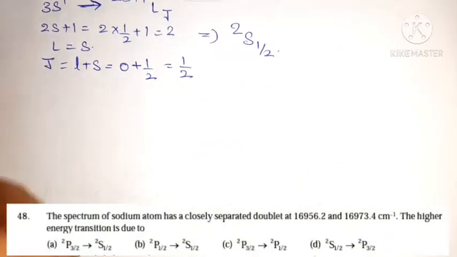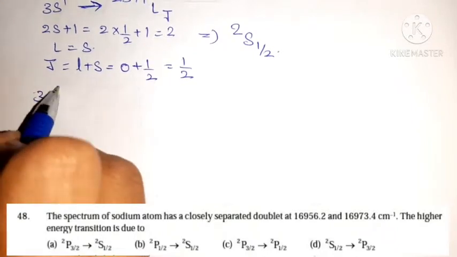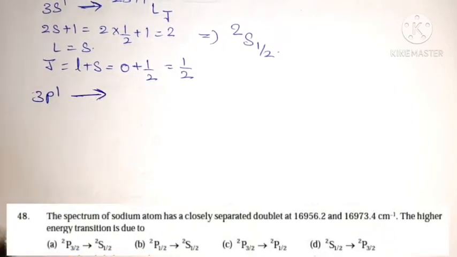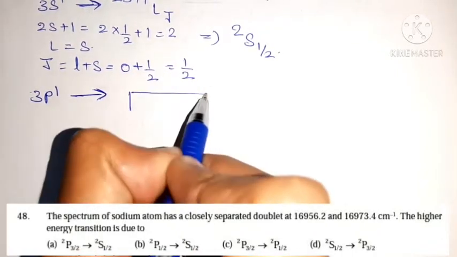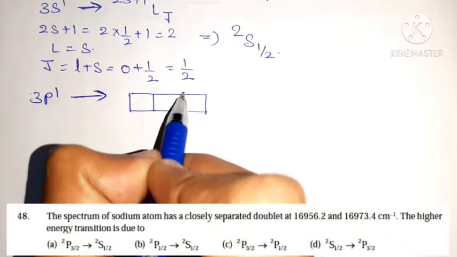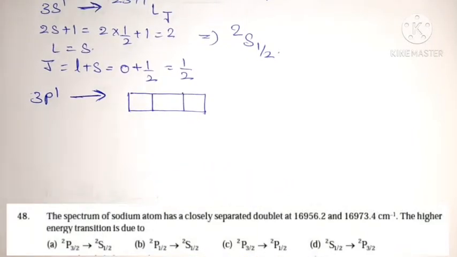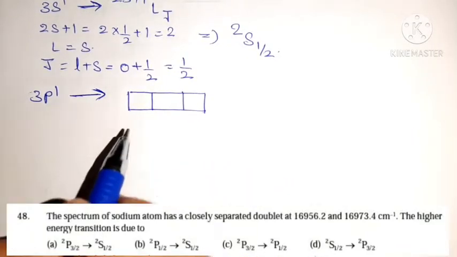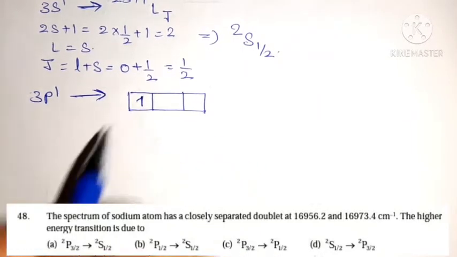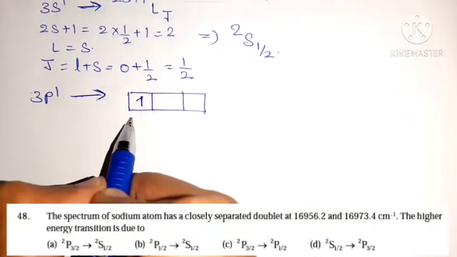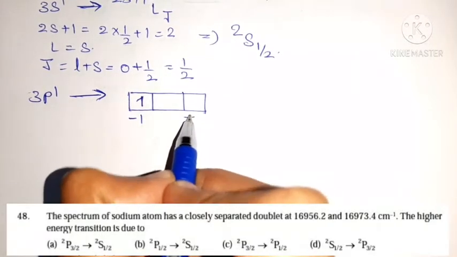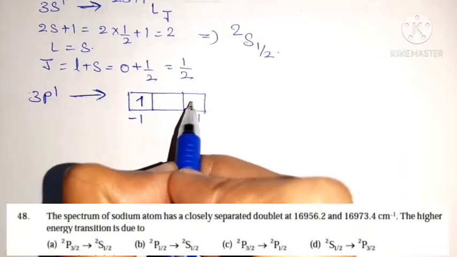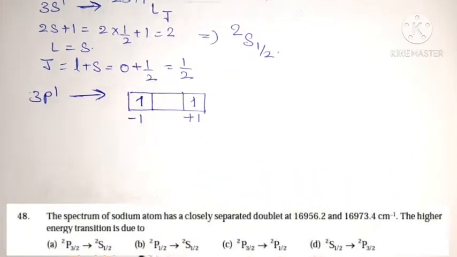Now we talk about 3p1. In the case of 3p1 atomic orbital, you must note that its term will be split into two states. The reason is that the single electron is either present in the orbital with small l value -1, or present in the +1 p orbital. For both conditions we have different term symbols.